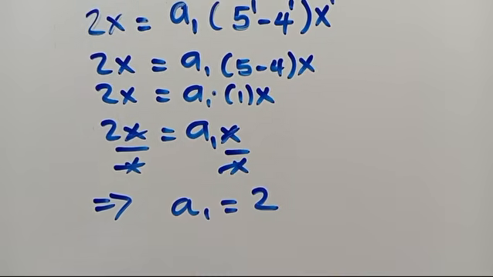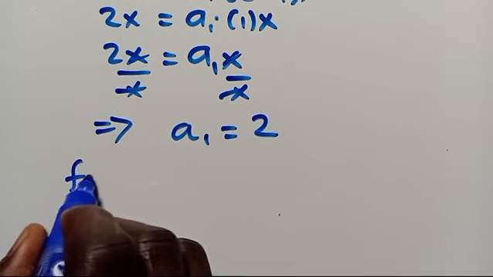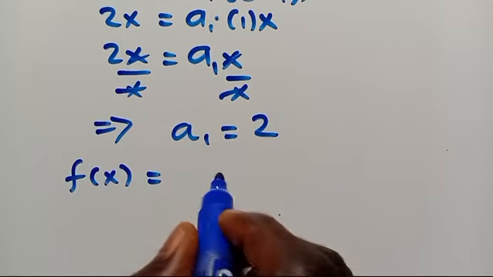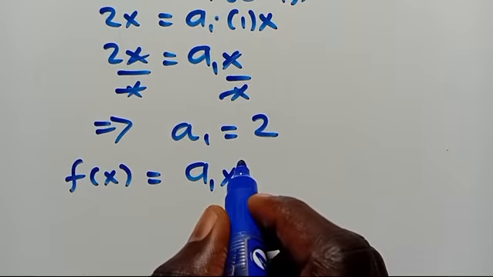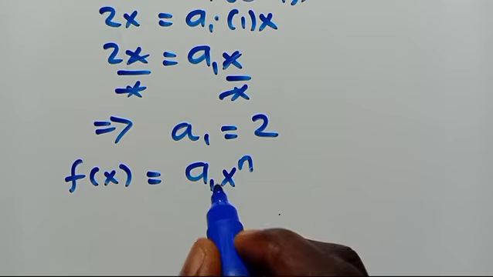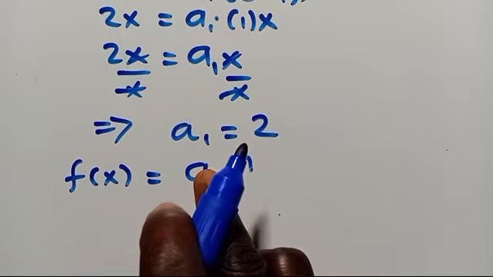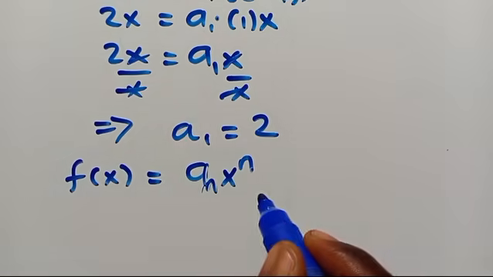So if a_1 equals 2, this implies from the general expression that we have f(x) equals a_n x to the power of n. This is degree 1.